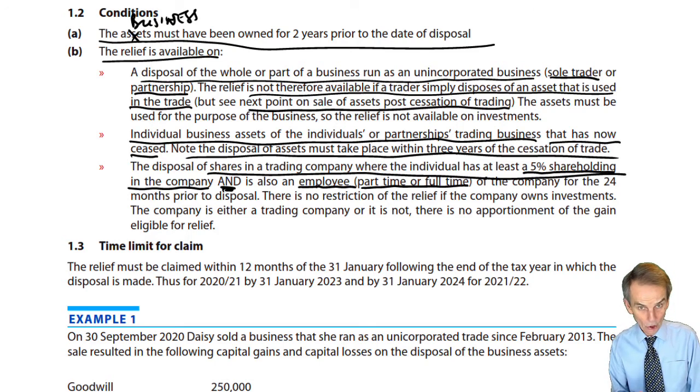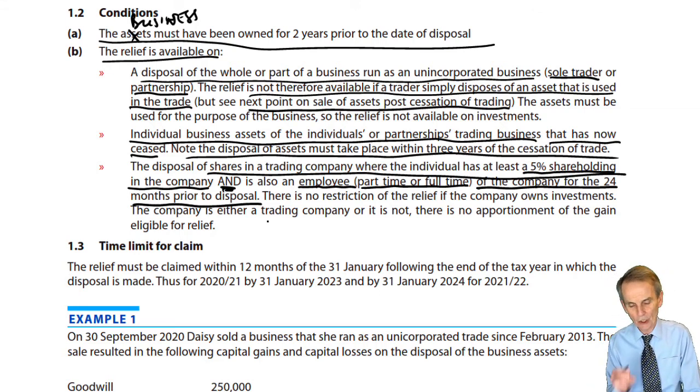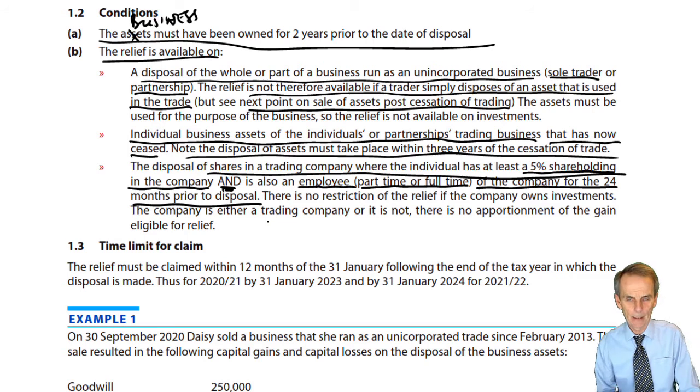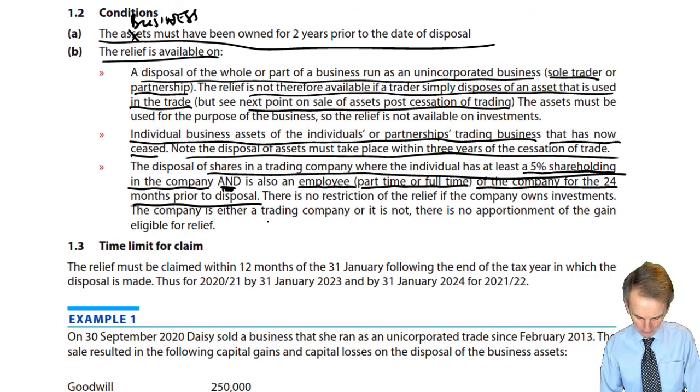So as long as you are an employee, it doesn't have to be full-time. An employee of the company for the 24 months prior to disposal. So again, a 2-year qualifying period here in terms of the ownership of the shares and being an employee. In that situation, then yes, yet again, this relief is available to you.